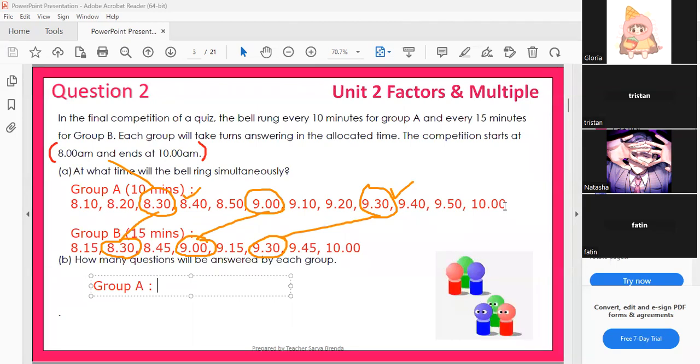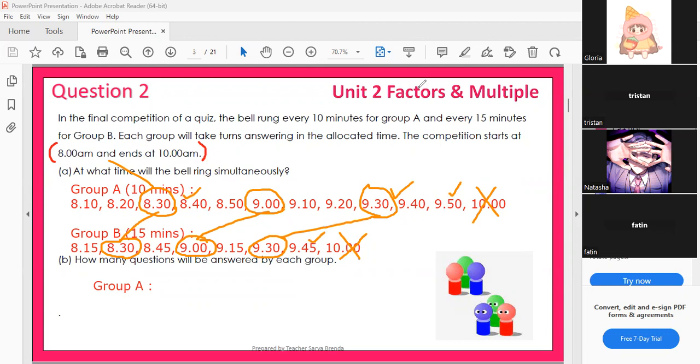If at 10 o'clock a quiz ends, can you answer at 10 o'clock? No. All right. So we don't take that last number. At 10 o'clock, both also end already. Cannot answer already. So the last chance they get here is 9:50, here at 9:45.